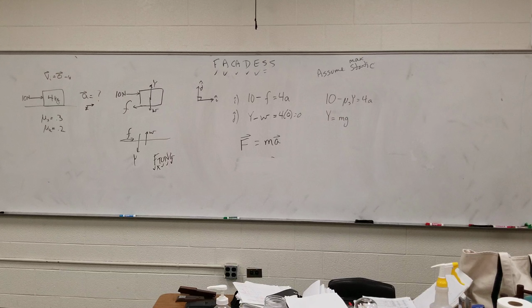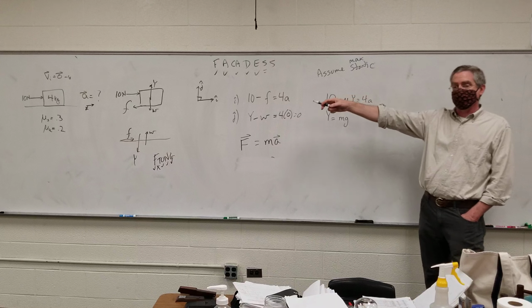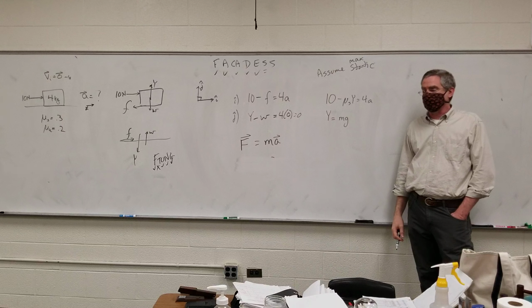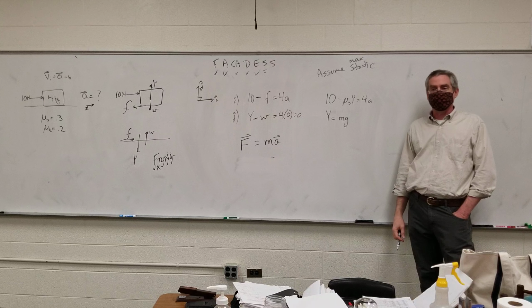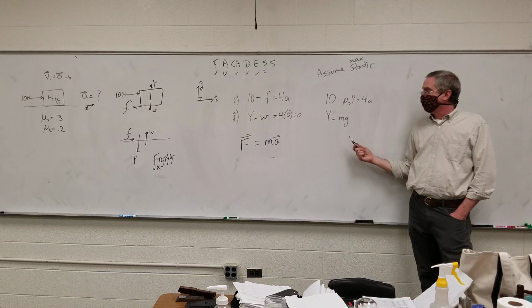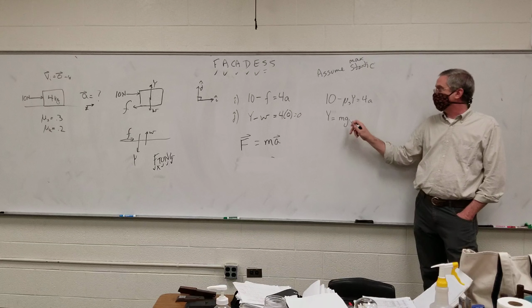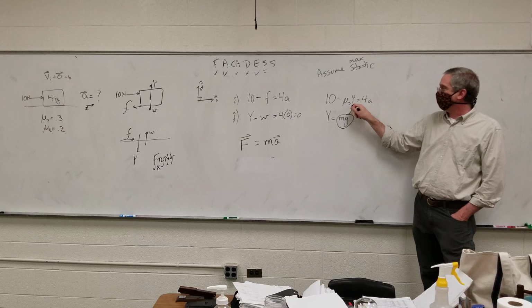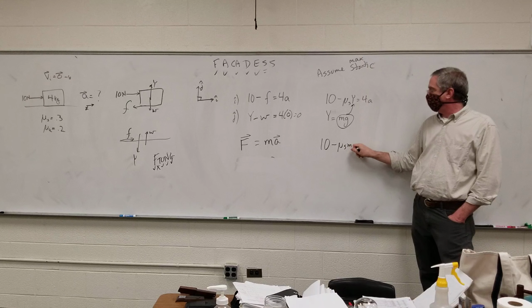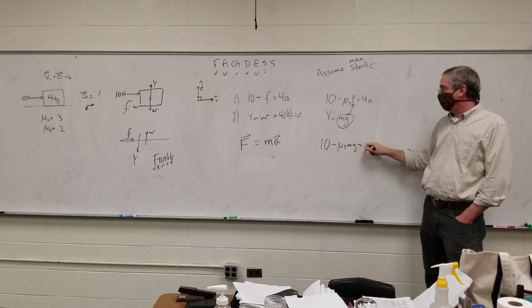Some students know that weight equals mg, and then in the force diagram they'll write mg instead of w. It's not inherently wrong unless the problem says, make sure the answer is in terms of w. Now we take this mg and stick that in for y. So I have 10 minus mu s mg is equal to ma.